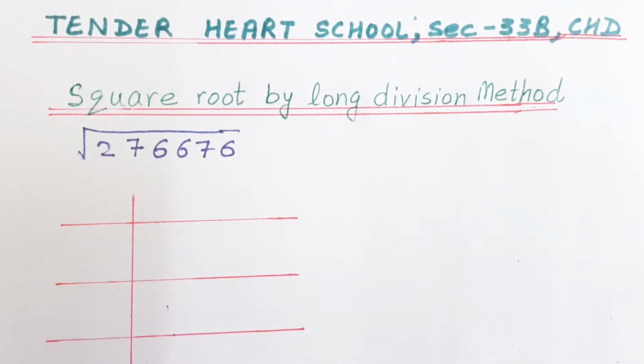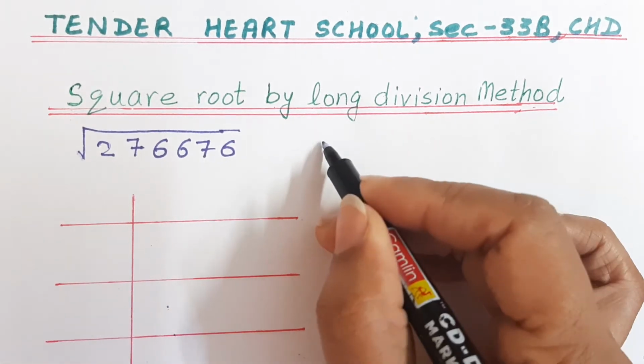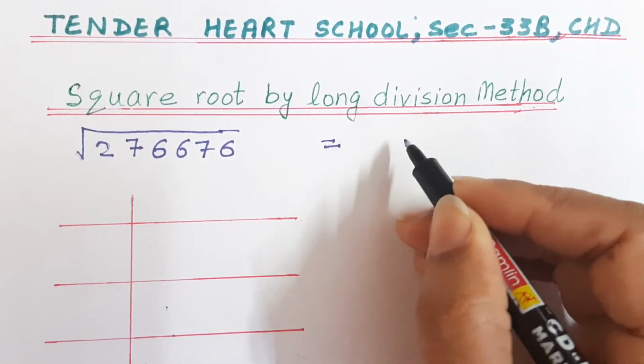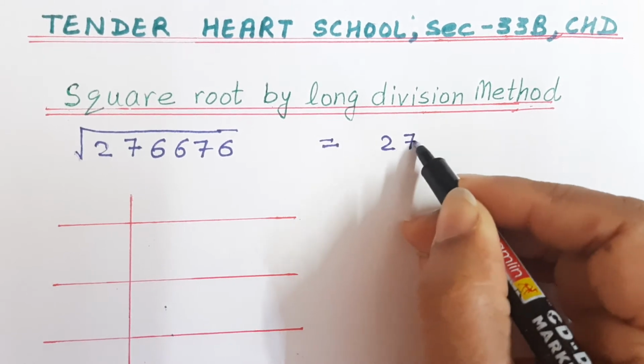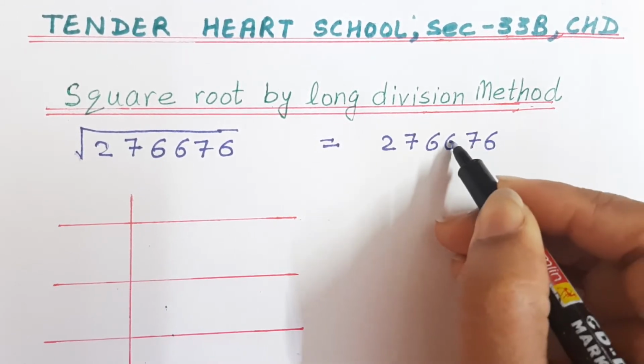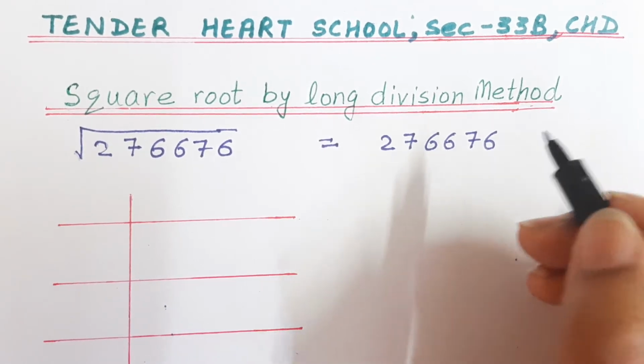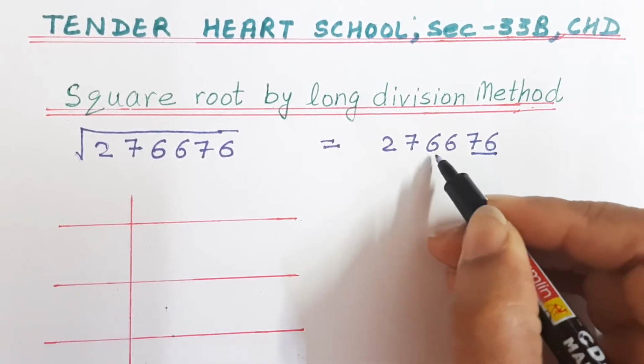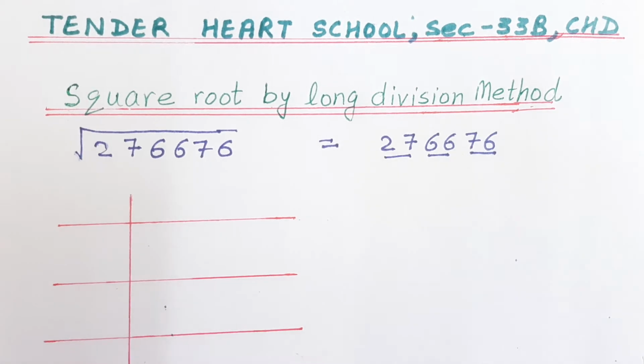Now, in order to find the square root by the long division method, we need to follow a few steps. Step number 1 is to group the digits in pairs. Now, how are we going to group them in pairs? That is from right to left.